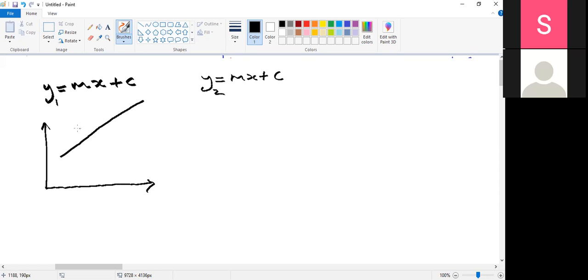Now, this line maybe is like that. You have a line that goes here, all the way up. You have another line, and they meet right here.